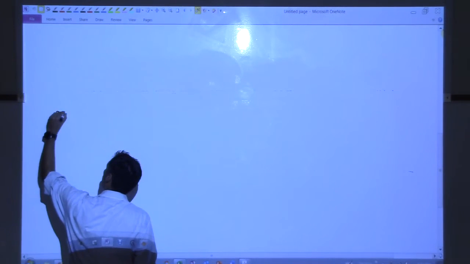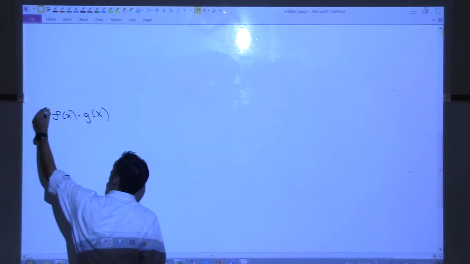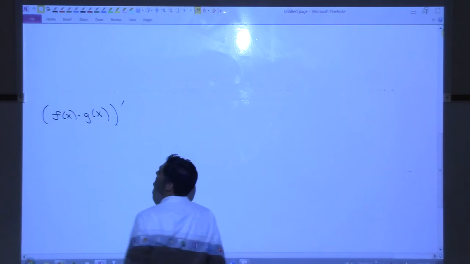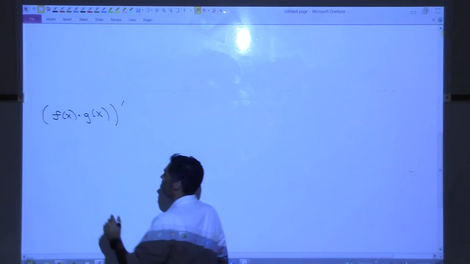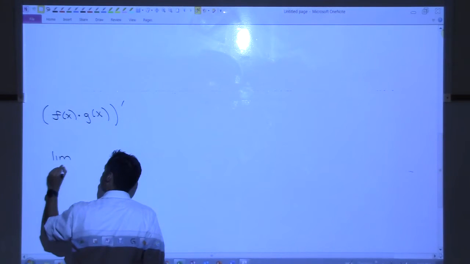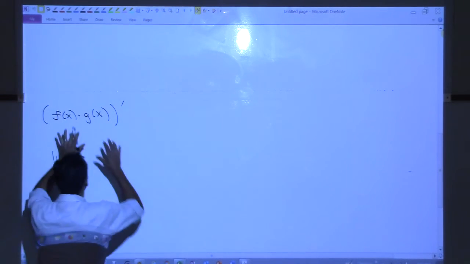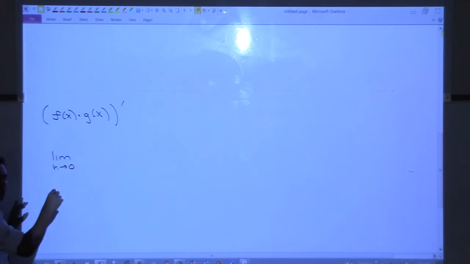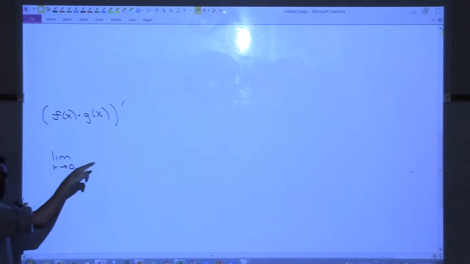If I have two functions being multiplied, I'm writing it a little different. If I have two functions and I want to take their derivative, according to the definition, I need to take the limit as h goes to 0 of whatever my function is with x plus h plugged in minus whatever my function is with x plugged in.